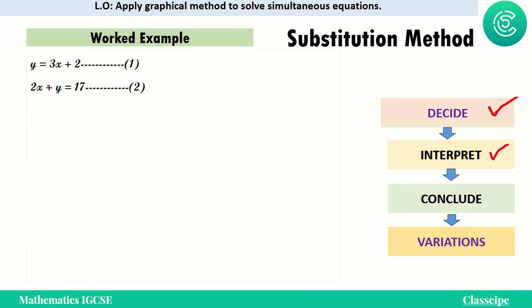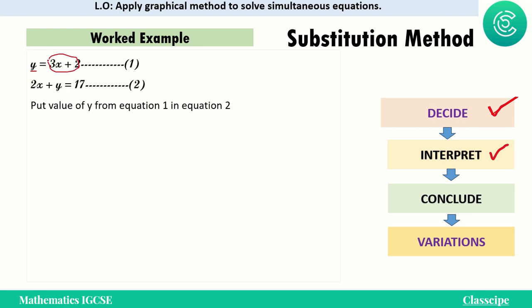Now this is a simultaneous equation: y equals 3x plus 2, 2x plus y equals 17. Now if you see, y is our subject. So what we are going to do is put the value of y from equation 1 in equation 2. This is the value of y, 3x plus 2. We will replace y with this value, and we get 2x plus 3x plus 2 equals 17.